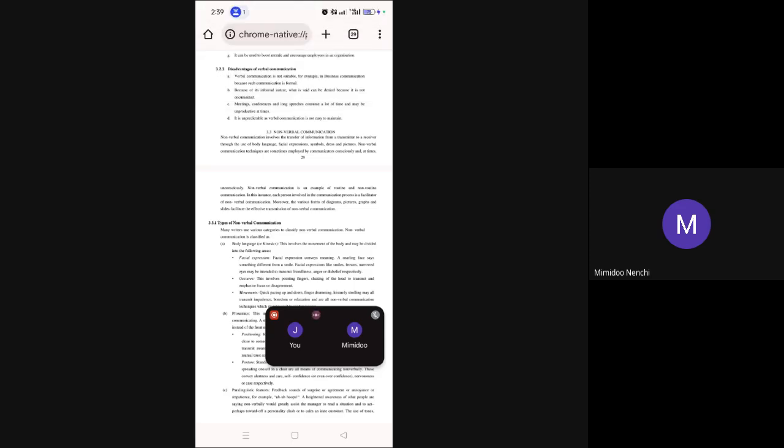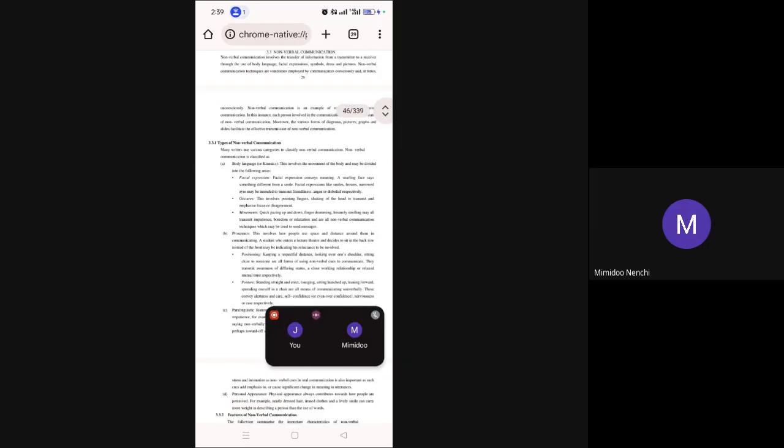Moreover, the various forms include, number one, diagrams, pictures, graphs and slides, which facilitate the effective transmission of non-verbal communication.